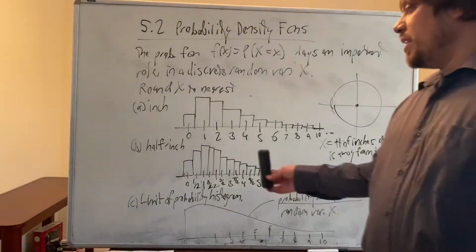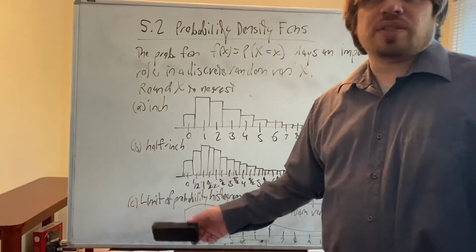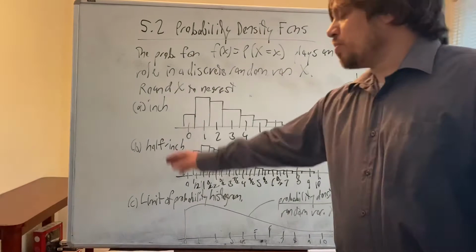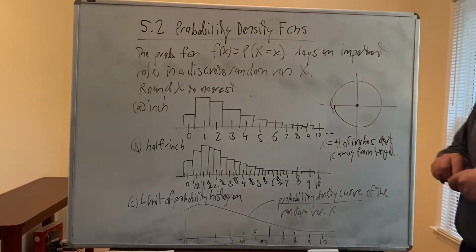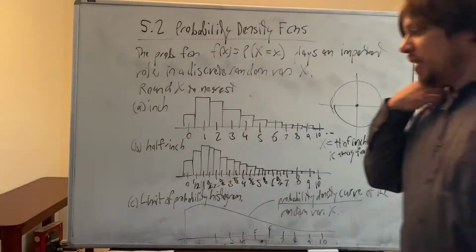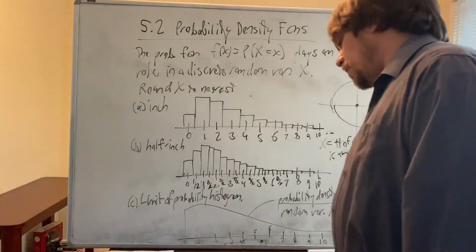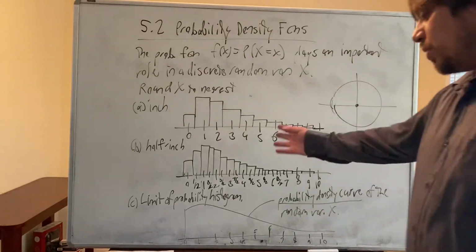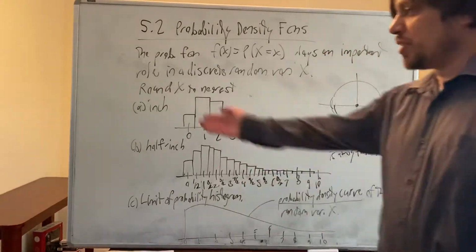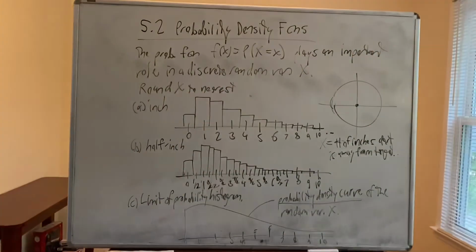This is the histogram of the discrete random variable where you round it to half an inch. As you keep making them smaller, you're getting histograms for other discrete random variables. So we're taking the limit of these probability histograms, the histograms of corresponding discrete random variables, one for each situation.